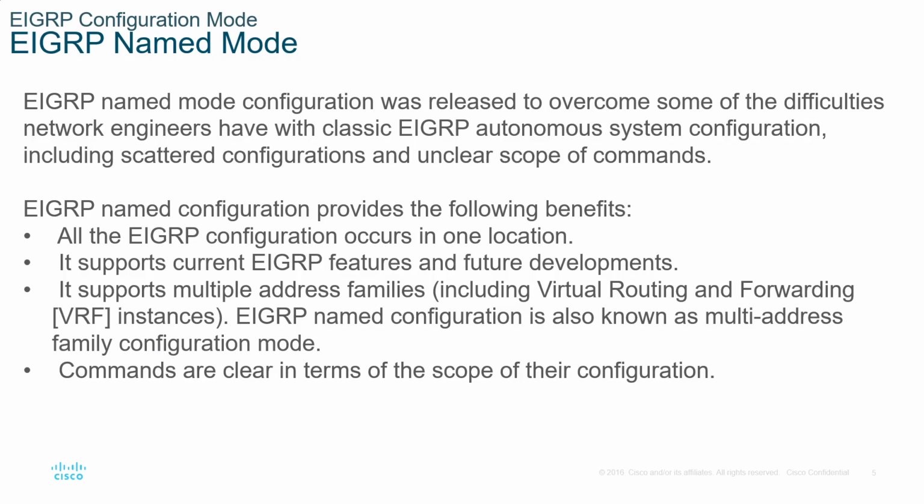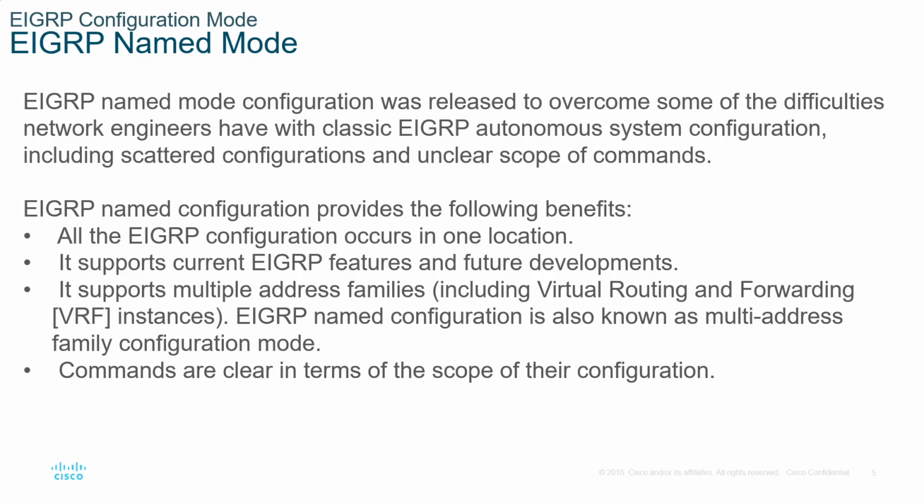Supports all the current and future developments, and it supports multiple address families. So this becomes very useful when we are running VRF instances and we have multiples of those running.